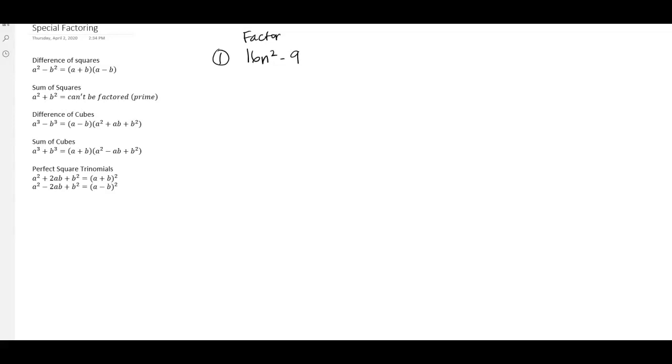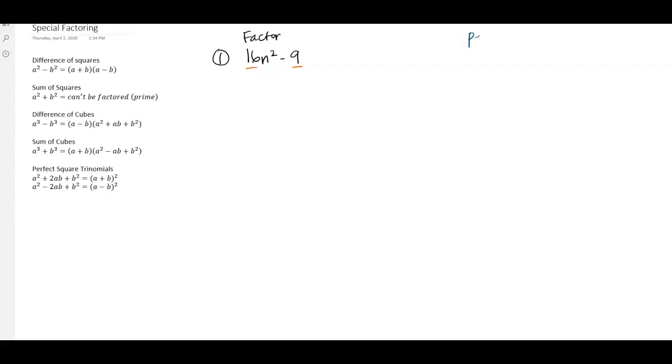If we're looking over here to decide what it is that we have, we've got two terms, a binomial that we're trying to factor. So it's got to be one of these top 4, because those are the ones that have binomials in them. Then we want to see, are the terms perfect squares or perfect cubes? That's a distinction you need to make sure you make in your mind.